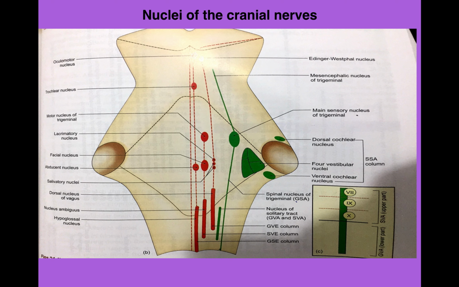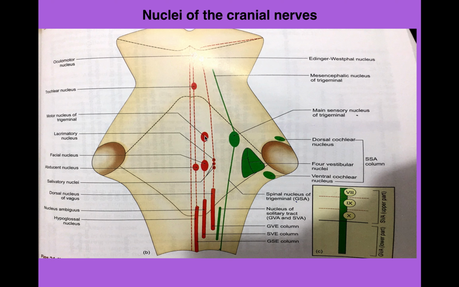So now let's have a look at the nuclei of these nerves. First we have the oculomotor nucleus, which is in the midbrain at the level of the superior colliculus. And then we have the trochlear nucleus, which is also in the midbrain at the level of the inferior colliculus. And then we have the trigeminal nerve, which has several nuclei.